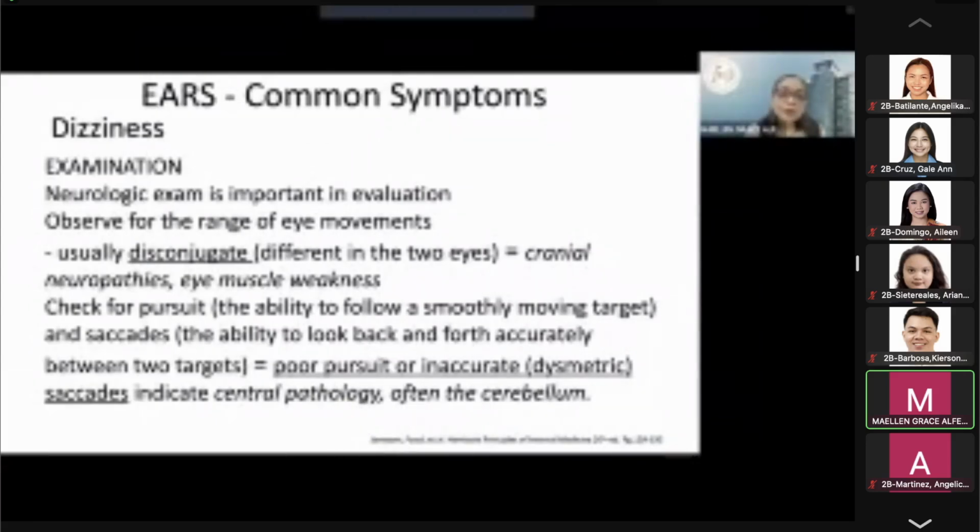You also have to look for the pursuit, which is the ability to follow a smooth moving target, as you do when you check the extraocular muscles. And also look for saccades, which is the ability to look back and forth accurately between two targets. Here, if there is poor pursuit or inaccurate or dysmetric saccades, it is indicative of a central pathology, often located at the cerebellum.